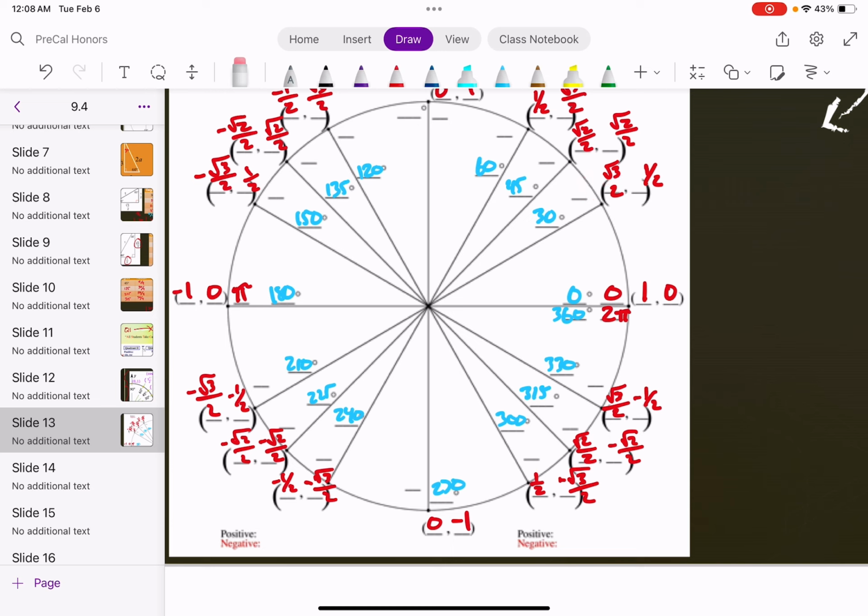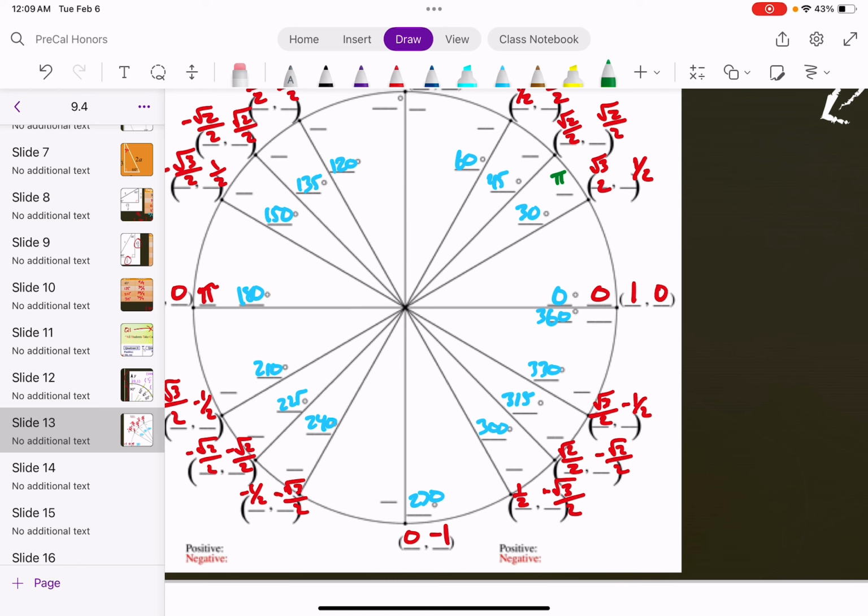Now, the next portion that we're going to fill in is going to be the radians portion of the entire circle. We're going to begin with 30 degrees. 30 degrees would be our pi over 6. 45 would be pi over 4, and 60 would be pi over 3.